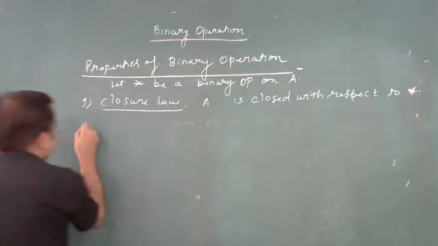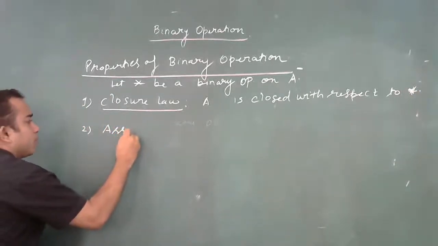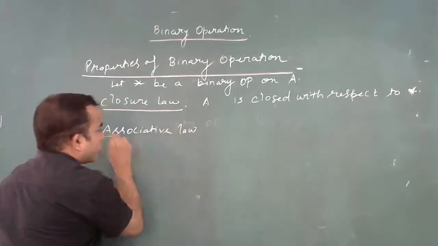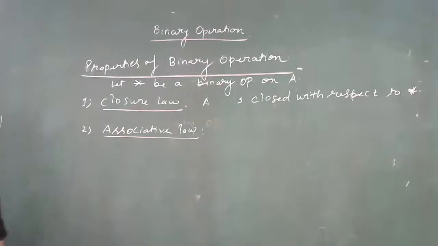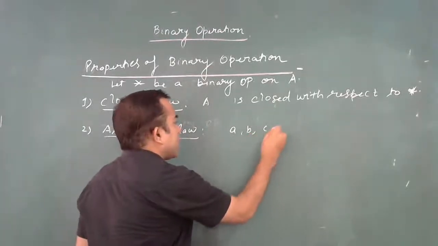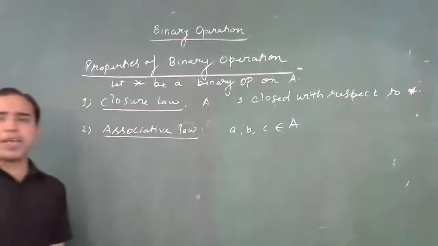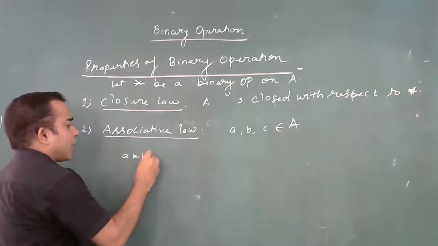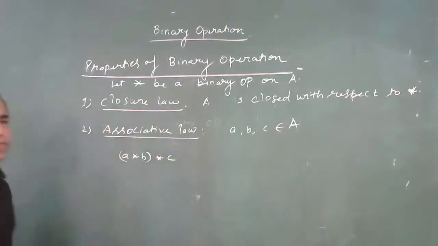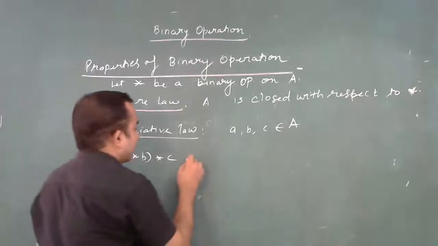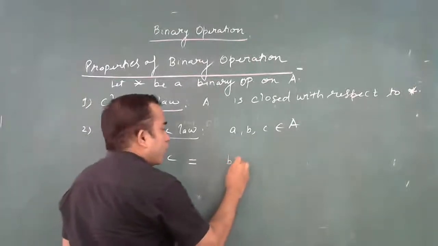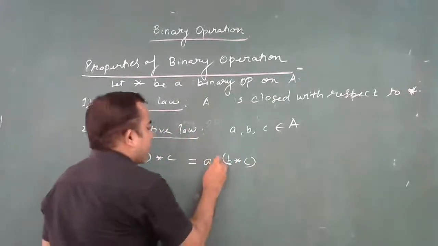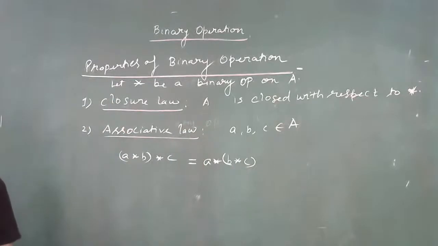The next property is associative law, and this you must have heard of. Associative law, right? Say there are three numbers A, B, C in the set capital A, and the binary operation is star, and you apply star on A and B, and then the resultant you do star with C, and this is same as you first apply B star C, and then you take A star with the result, right?